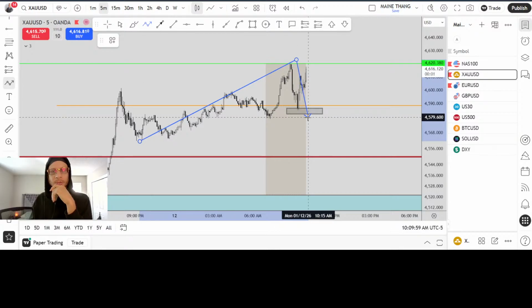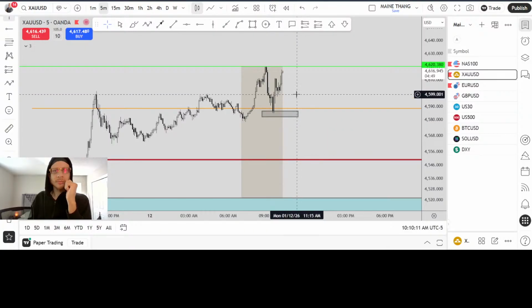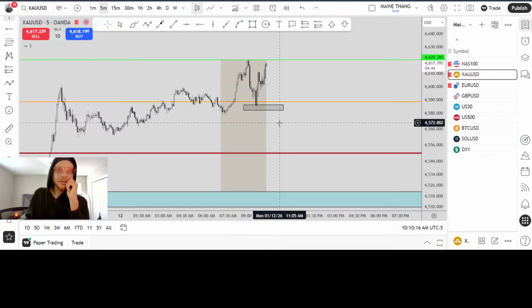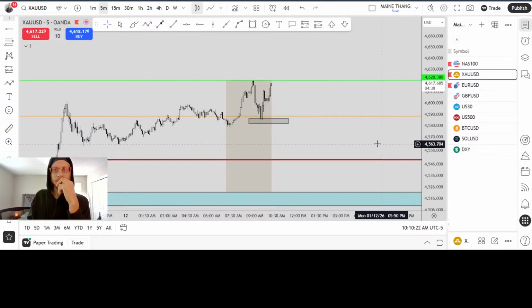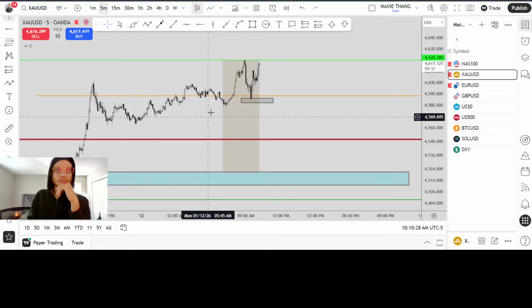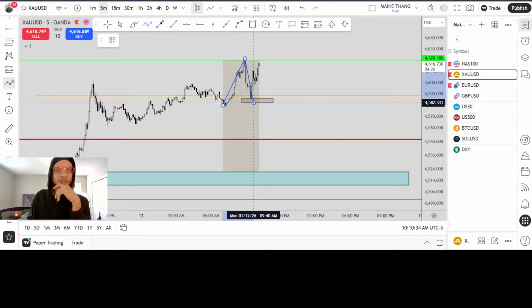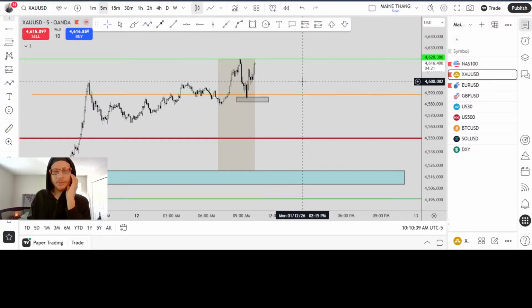Here's my correction. There wasn't any structure breaking on my correction. It was just one swoop made the indication and one swoop made the correction. Yeah, I need to see structure on these lower time frames.